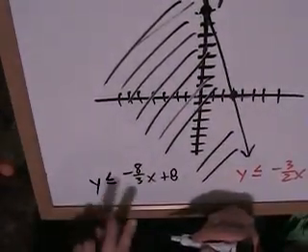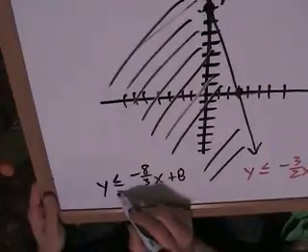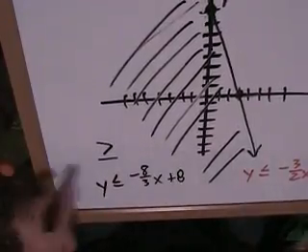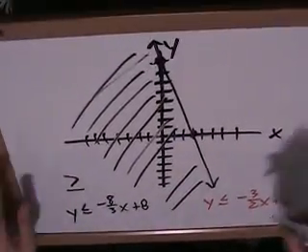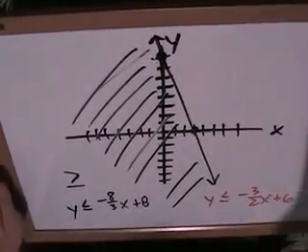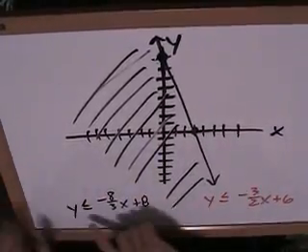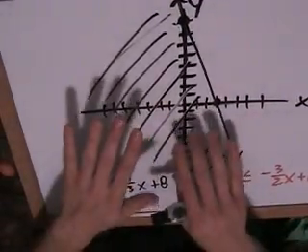If the symbol had been the other way, if it had said y is greater than, my shading would have been over on this side, because it would have been above, sort of going up. But this side goes down. So we graph this one, and it pretty much looks like this.